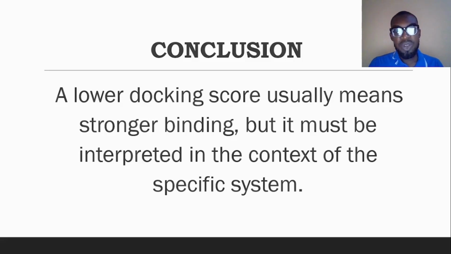But when you carry out the in vitro work, you discover that there are a lot of factors responsible for the negative result you are getting. So it's important that you interpret it within the context of the system you are working with.